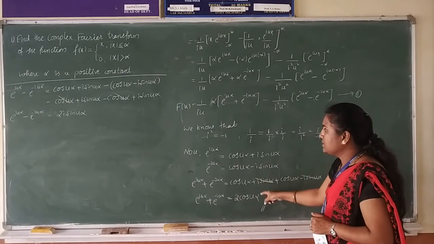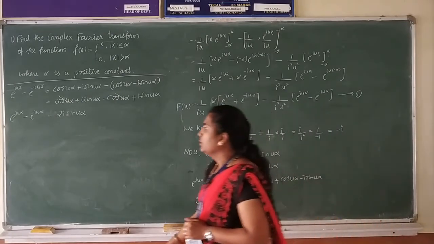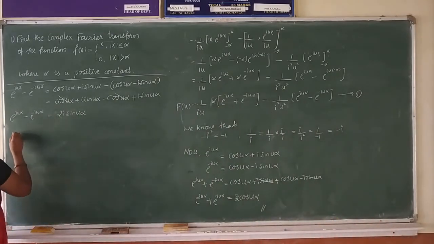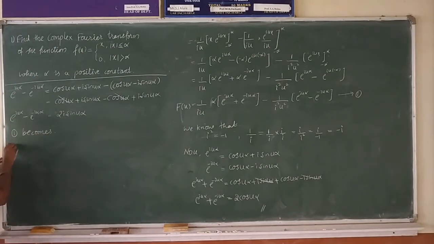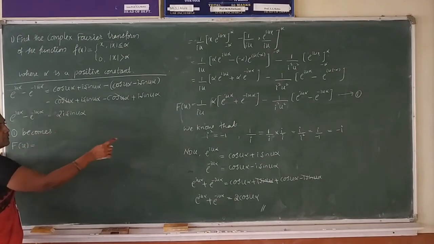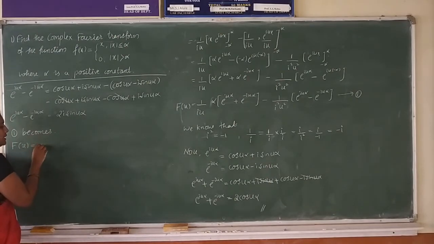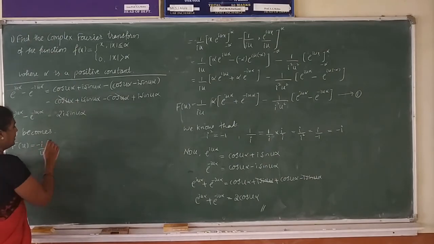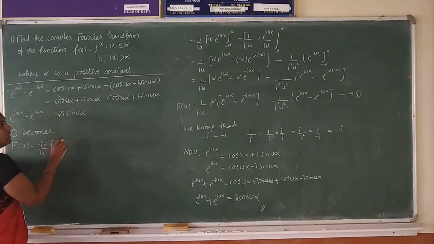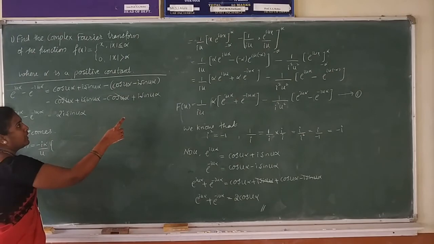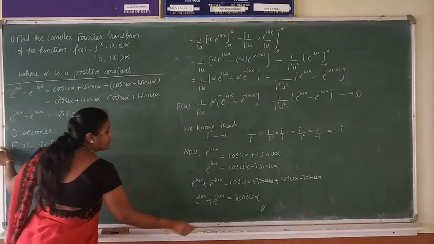Using these results in equation 1, applying and substituting, equation 1 becomes f of u equals 1 by i, which is minus i, upon u into bracket alpha, minus i alpha into bracket e to the power iu alpha plus e to the power minus iu alpha, which is 2 cos u alpha.